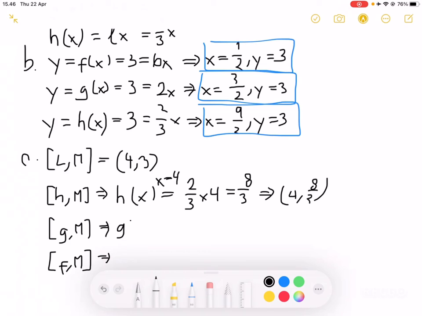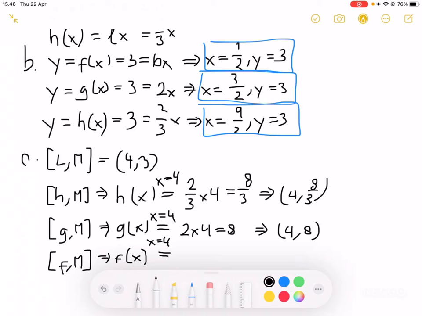So I can set g of x, inputting x equals 4. We have 2 times 4, which is equal to 8. Therefore, our coordinates of the intersection will be 4, 8. And finally, we can set f of x, and then inputting x equals 4. That will give us 6 times 4, which is 24.